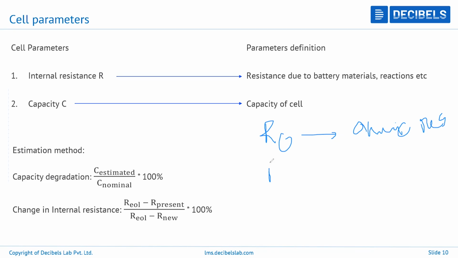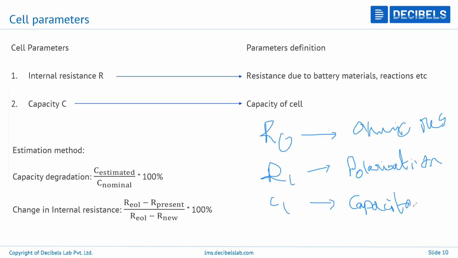Then we have R1, which is basically your polarization resistance. Then we have C1, which is capacitance. And then we have C2, which is your second type of capacitance, called polarization capacitance.